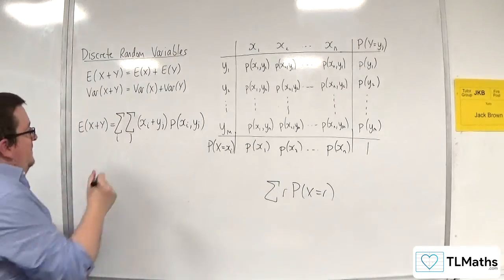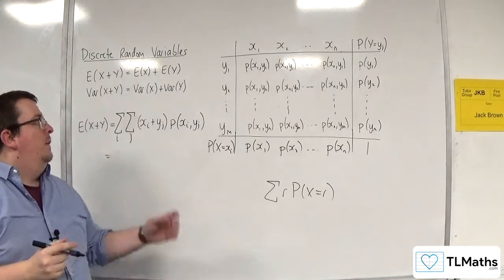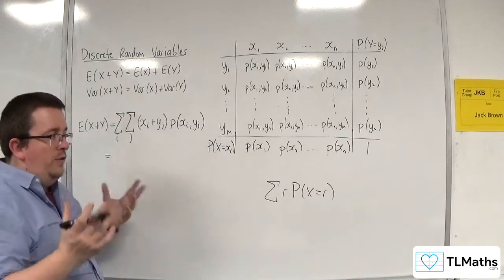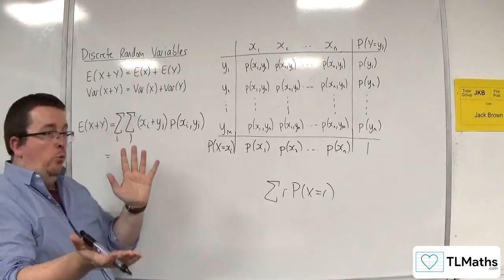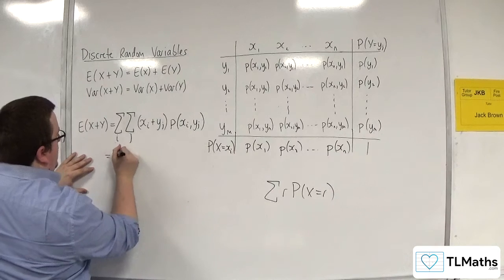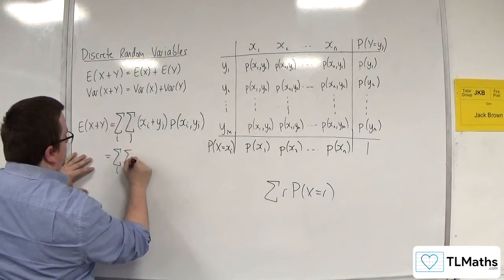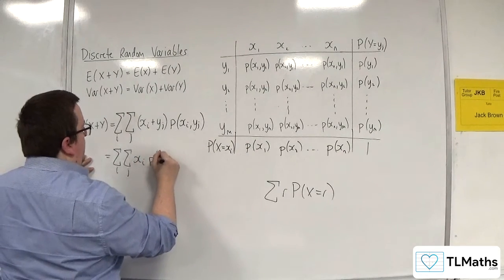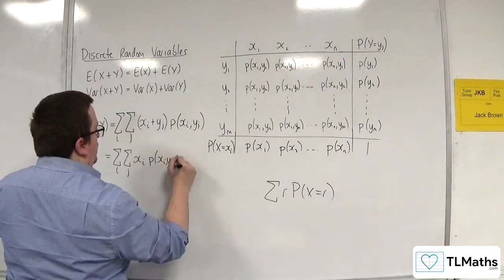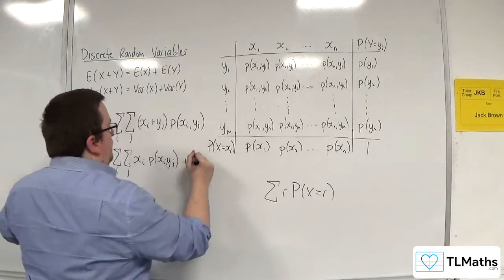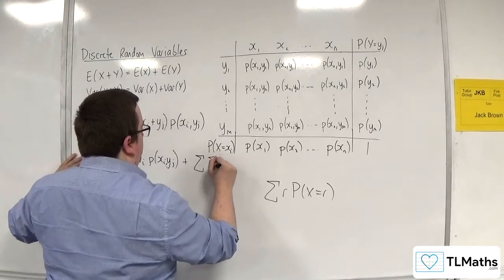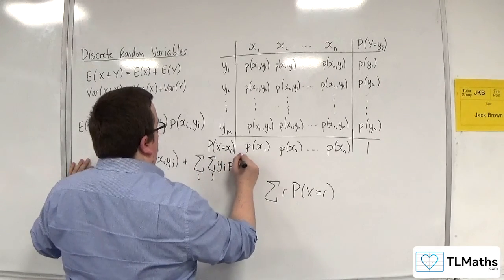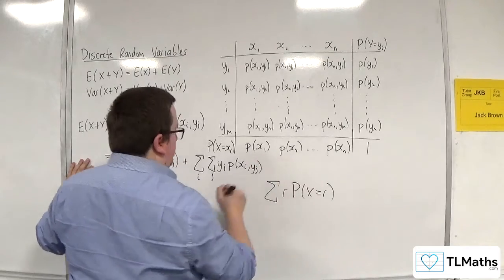Now, I can multiply that out using the regular way summations work. So I could write that as the double summation over i and j of xi times the probability of xi, yj, plus the double summation over i and j of yj times the probability of xi, yj.